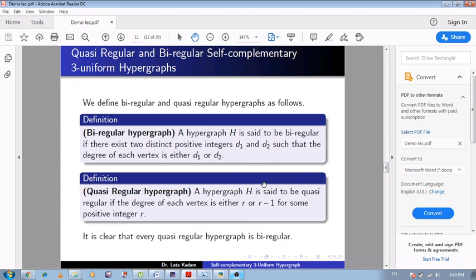Similarly, we define a quasi-regular hypergraph. A hypergraph H is said to be quasi-regular if the degree of each vertex is either r or r minus 1 for some positive integer r. It is clear that every quasi-regular hypergraph is biregular.